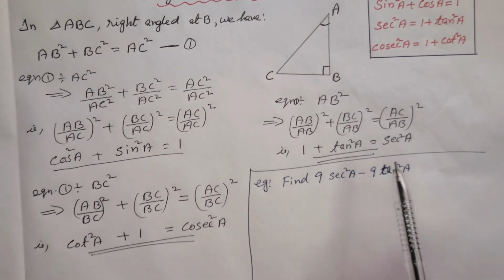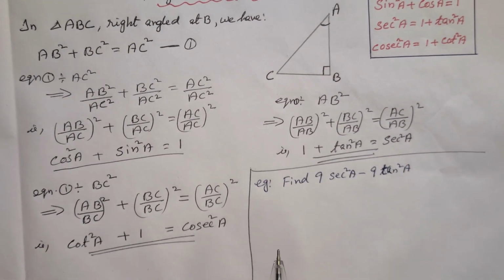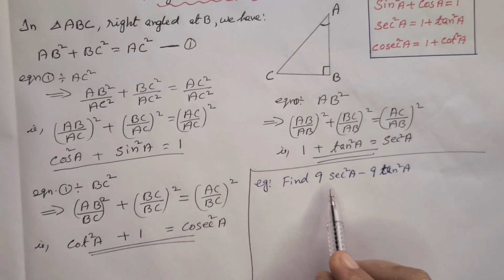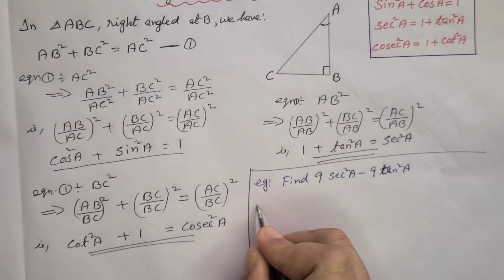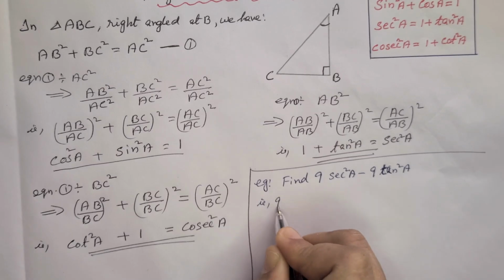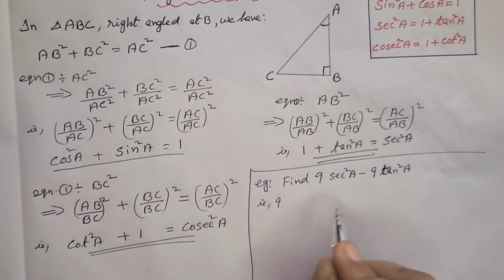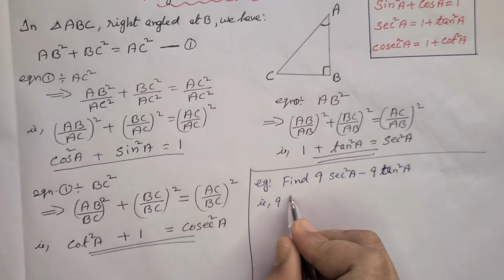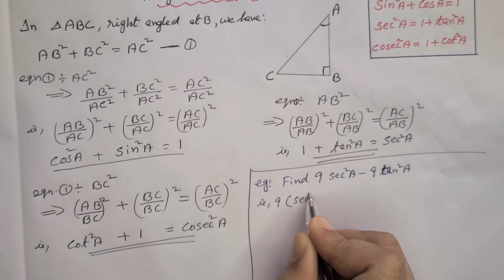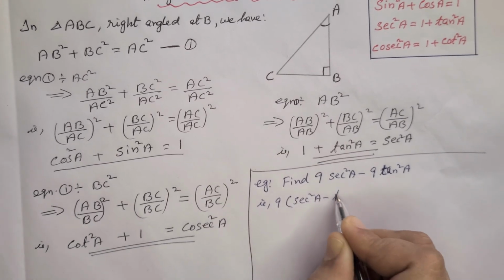Here is an example of how to use the identity. Find 9 sec square A minus 9 tan square A. We can rewrite that by taking 9 common from both the terms. So 9 into (sec square A minus tan square A).